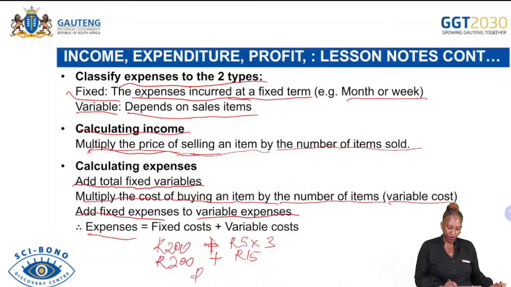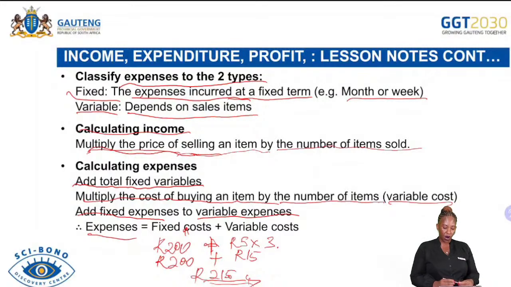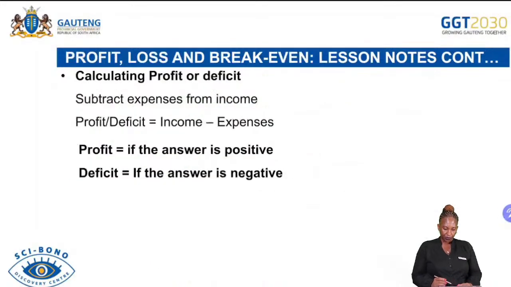And at the end, my expenses will be 215. I hope it's clear, boys and girls. This one, we said it's a fixed one, it's a rental one, or maybe for delivery. And here it's the number of loaves that I bought. I have spent 15 rand for the 3 loaves, and the expenses will add up to 215.